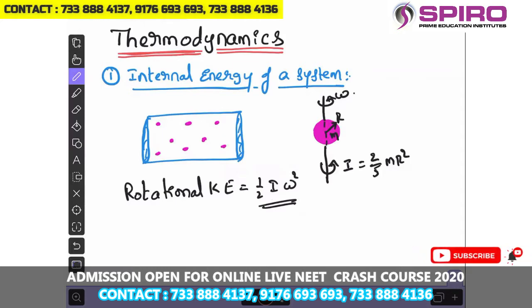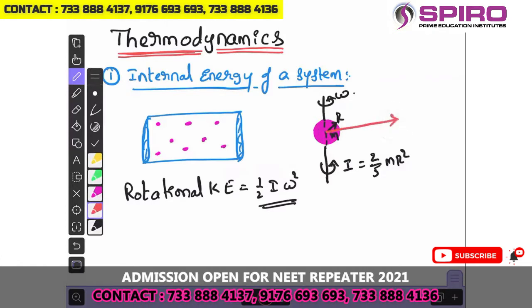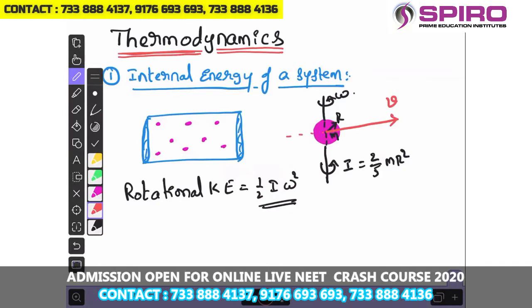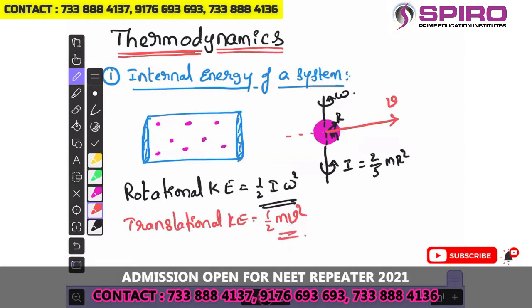Not only this, it possesses translatory motion. If its speed is v, then by virtue of the translatory motion, the translational kinetic energy is given by half m v square. It is one form of energy the particle possesses.